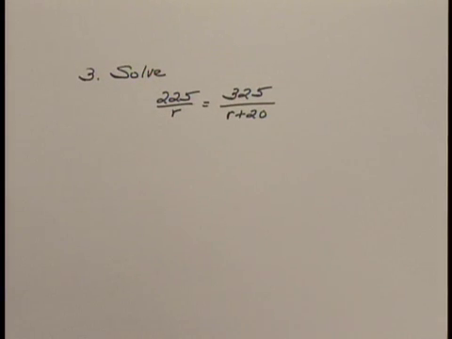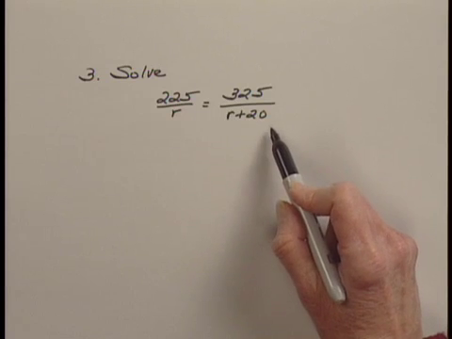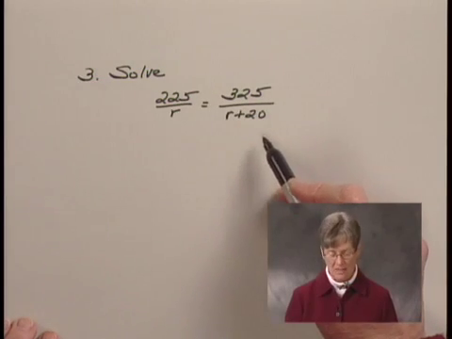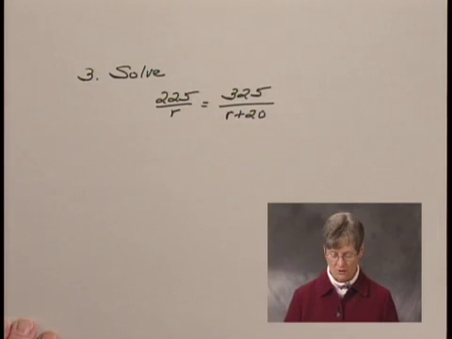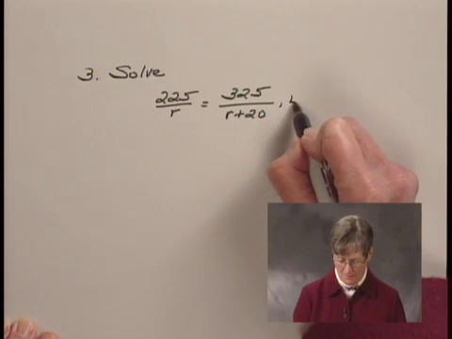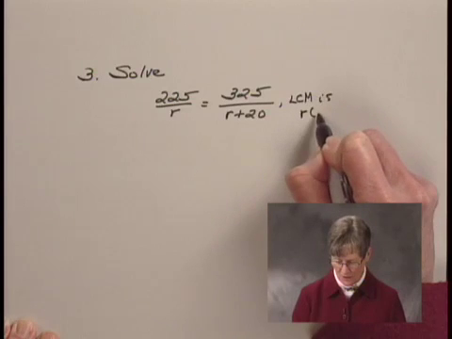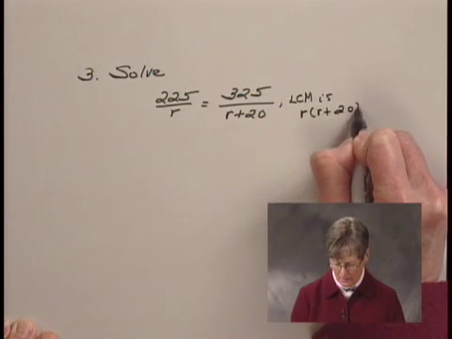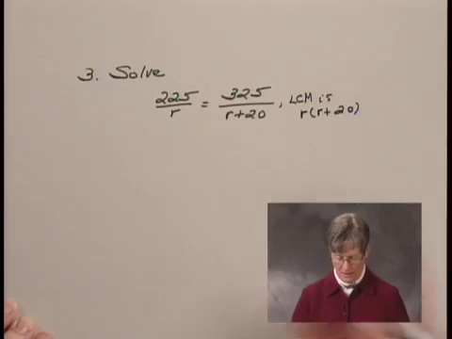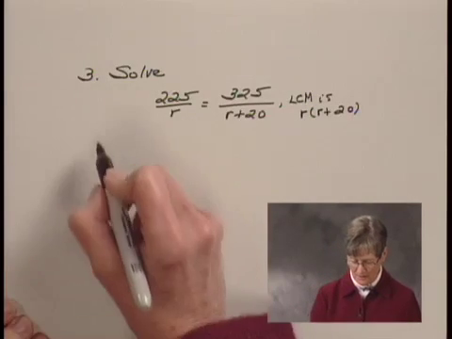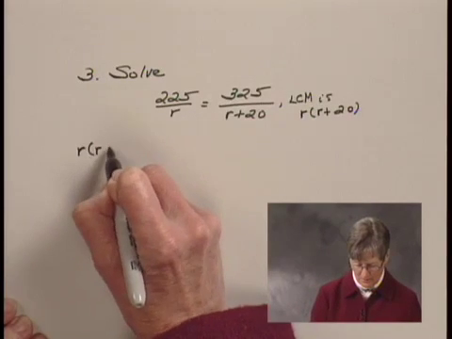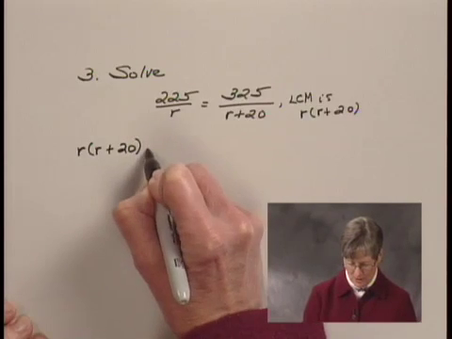We have a rational equation. We want to clear the fractions, and we'll multiply by the least common multiple of the denominators to do that. And the least common multiple is just the product of these two denominators, R times R plus 20. So we'll multiply both sides of the equation by R times R plus 20.